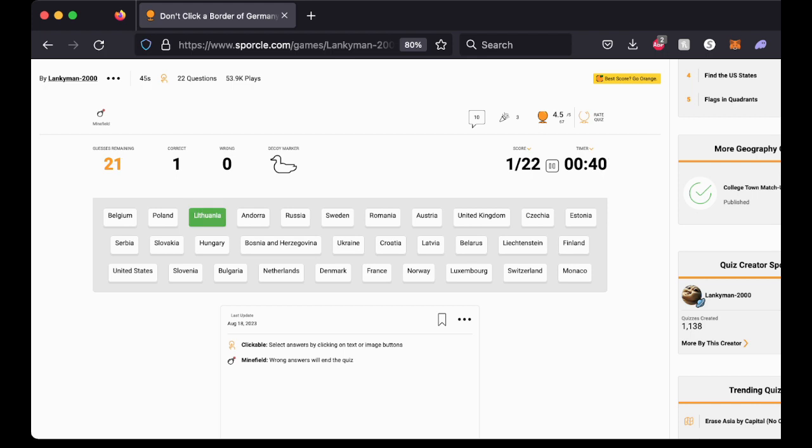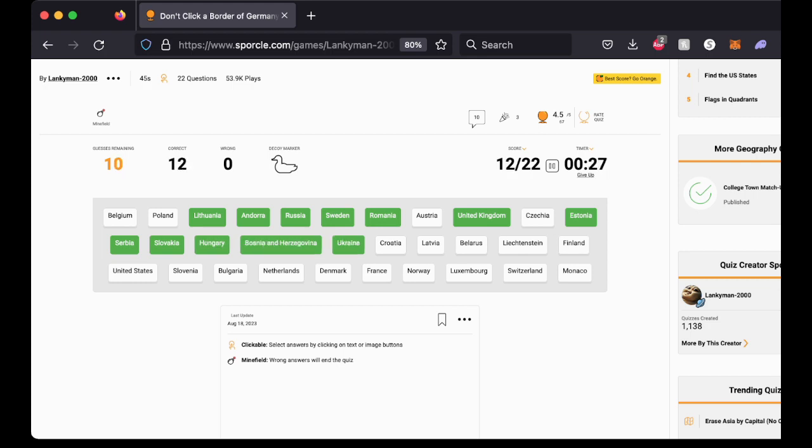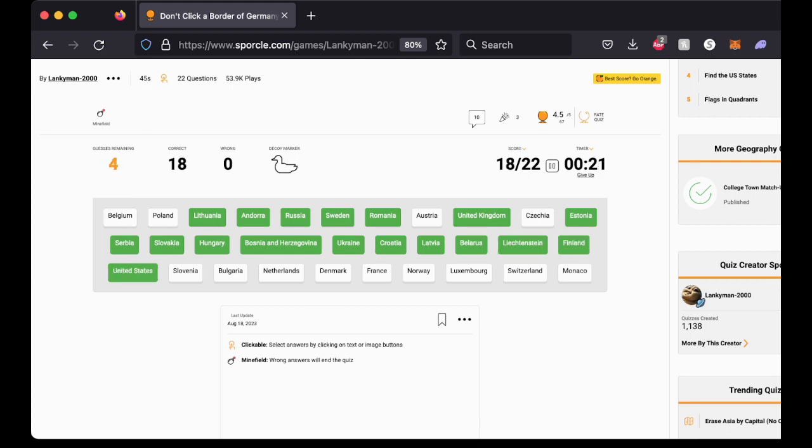Lithuania, Andorra, Russia, Sweden, Romania, United Kingdom, Estonia, Serbia, Slovakia, Hungary, Bosnia-Herzegovina, Ukraine, Croatia, Latvia, Belarus, Liechtenstein, Finland, United States, Slovenia, Bulgaria, Norway, Monaco.